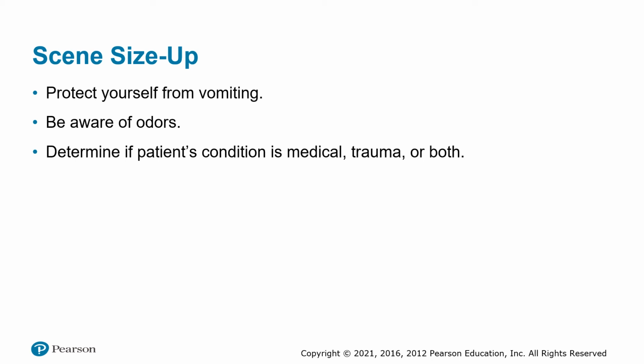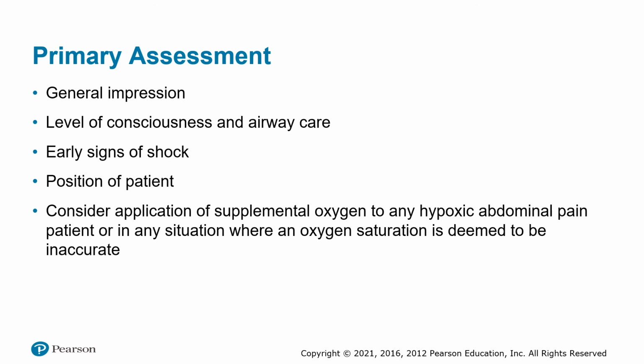Like I said, GI bleeding has a very distinct smell. UTIs have a very distinct smell. They all have very specific smells. General impressions: level of consciousness, airway care, early signs of shock, position your patient, consider application of supplemental oxygen if needed.